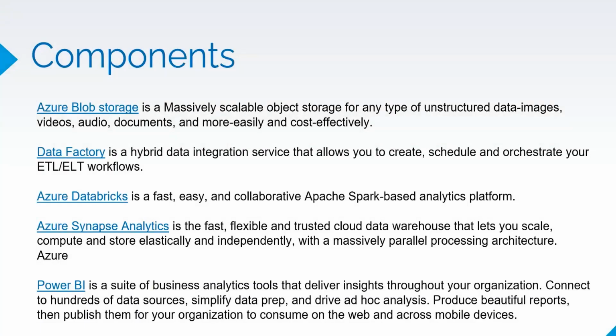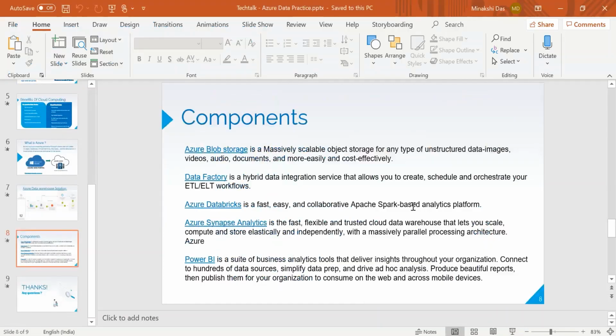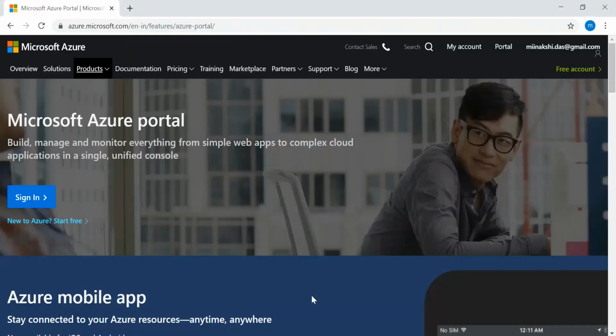So let's see how we can log in into the Azure, how we can start working with Azure. This is the Azure portal. Here, if you don't have any account with Azure, first you need to create an account with Microsoft.